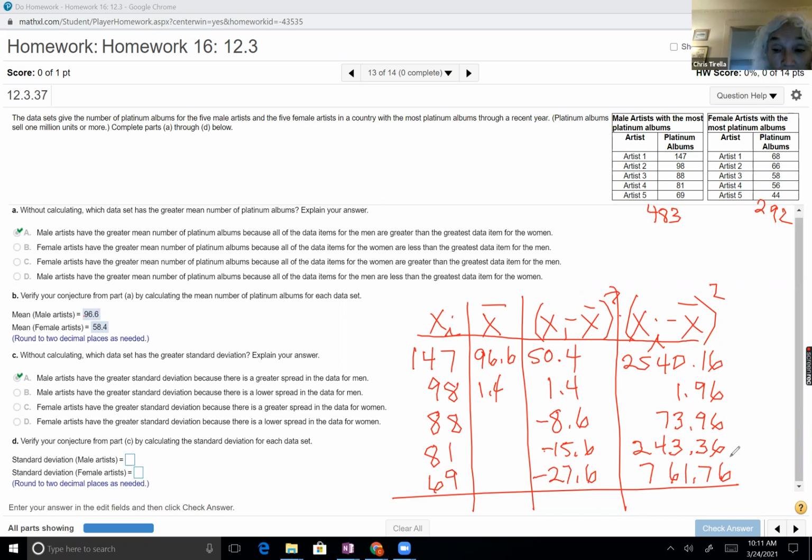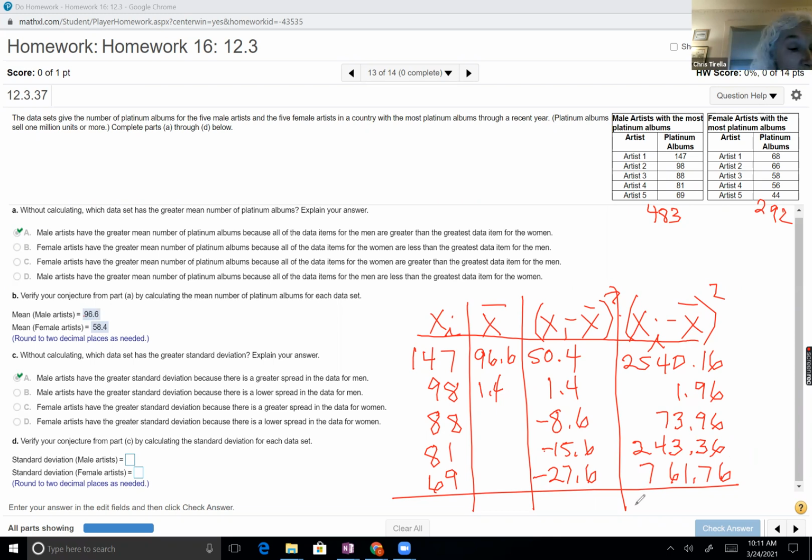Then I'm going to add all those numbers, the 761.76 plus the 243.36 plus the 73.96 plus the 1.96 plus the 2540.16.